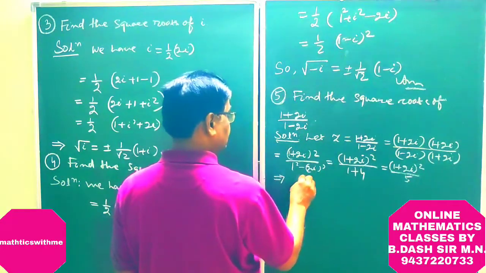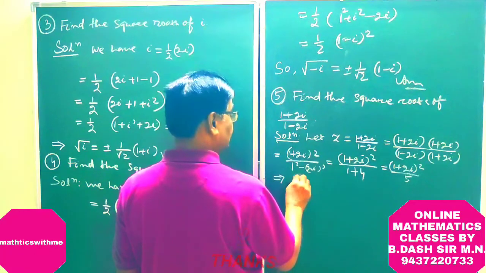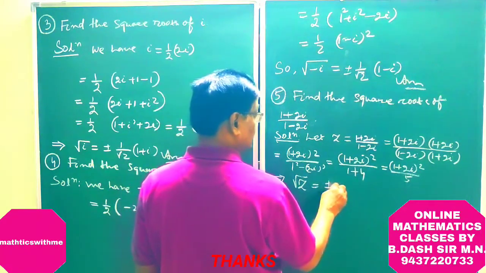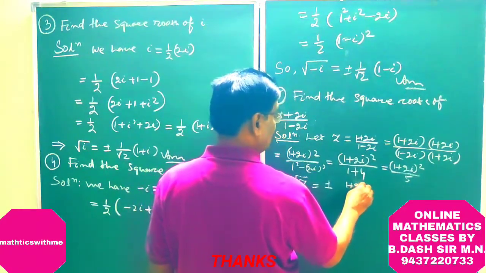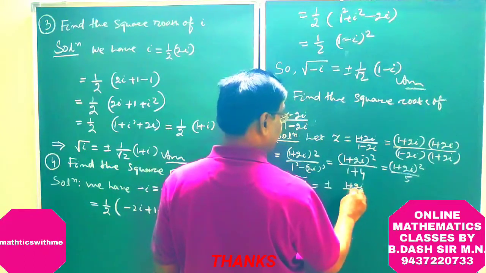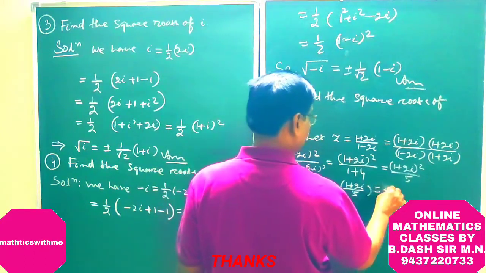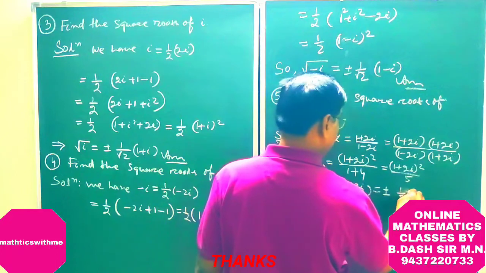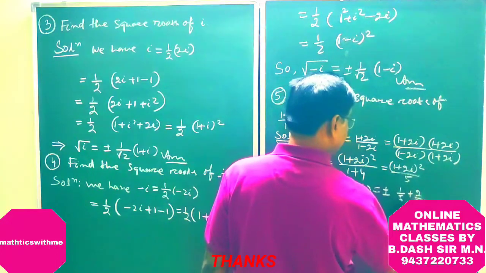This implies the square root of z is ±(1 + 2i)/√5, which equals ±(1/√5 + (2/√5)i). Answer.